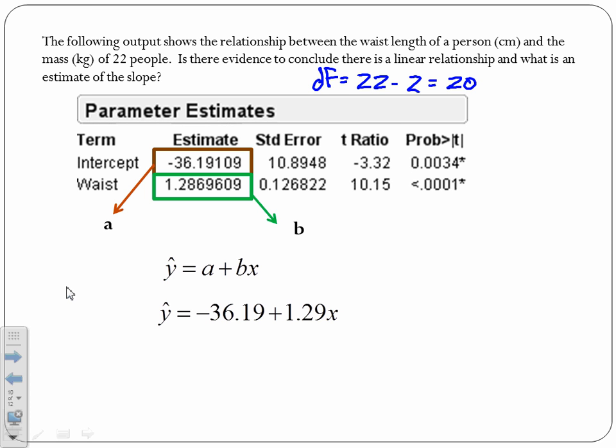Right here, obviously, that tells you that if someone's waist length is 0, then we'd expect them to weigh negative 36 kilograms. No context at all. But we would expect, as their waist length increases, we expect their weight to go up by 1.29 kilograms. So quick reminder there.